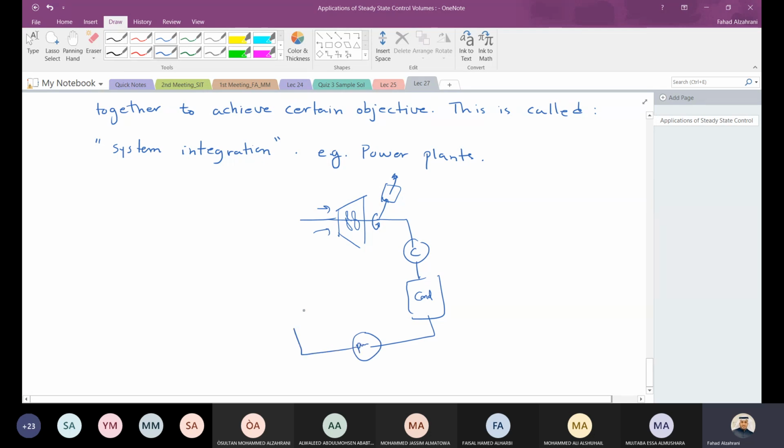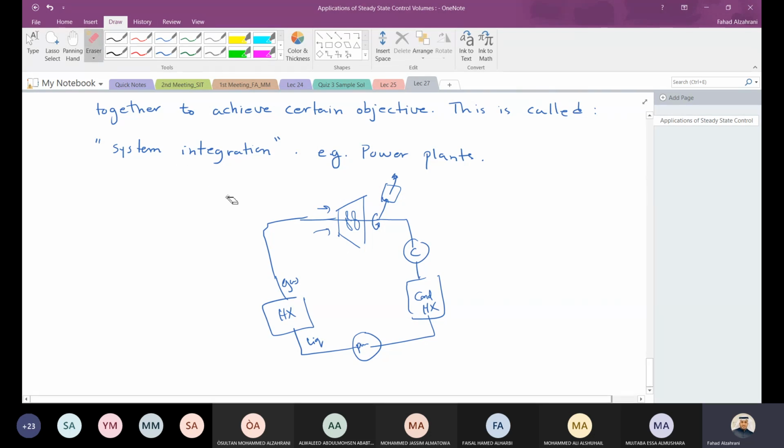Then I have another heat exchanger, let's say a steam generator that changes the liquid into a gas, then brings it back into the turbine. So this is called system integration. I'm integrating multiple devices, 2 or more, together to achieve a certain objective.